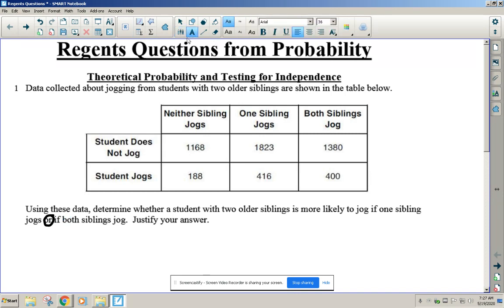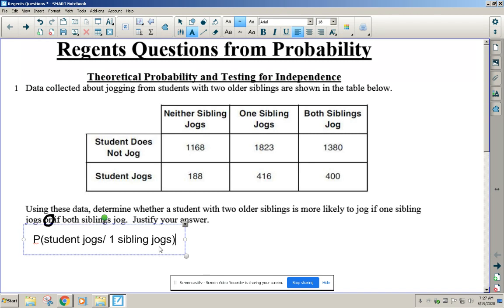So if I were to write out what's going on, because it says justify your answer, the first thing I have to pay attention to is that I am looking for the probability that a student jogs given one sibling jogs. So the given here is that one sibling is jogging.